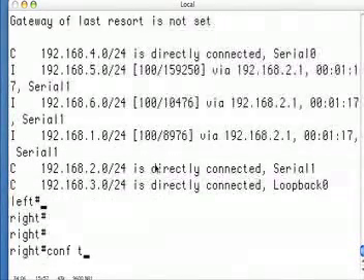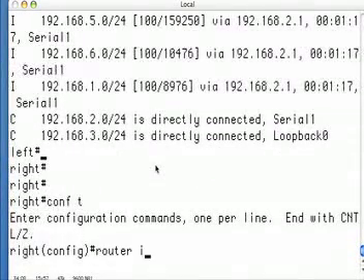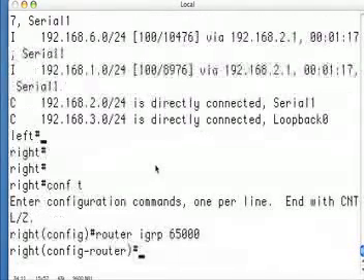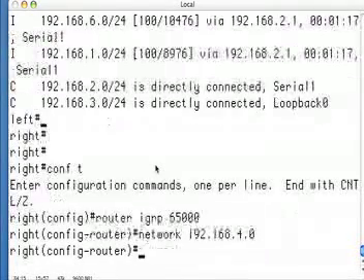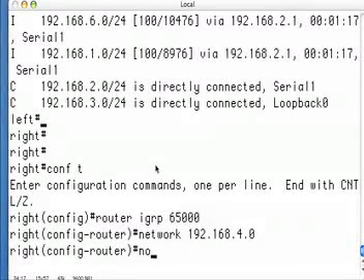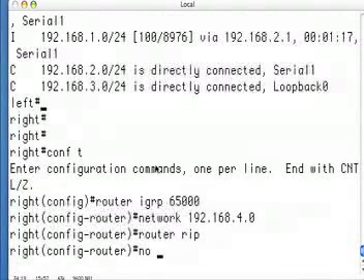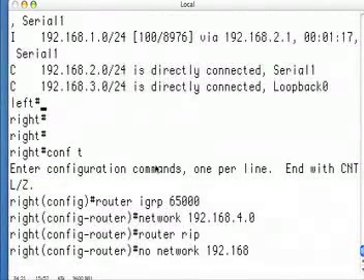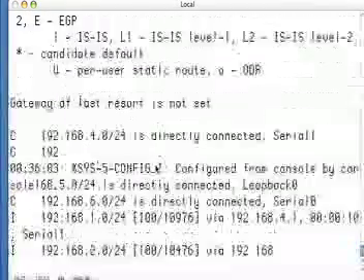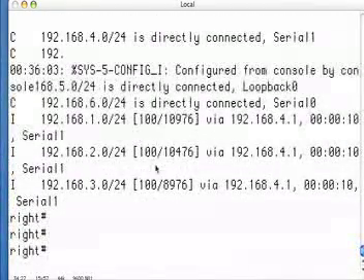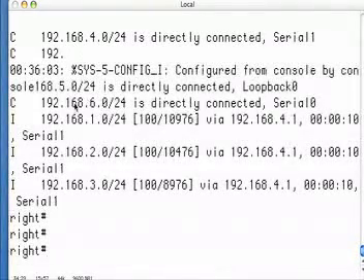So on the right router, conf t, router IGRP 65000, network 192.168.4.0, or rather router RIP, no network 192.168.4.0, and show IP route. Now all of my routes are either connected or IGRP.